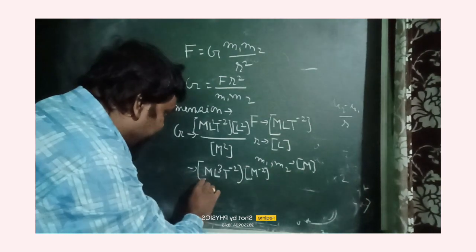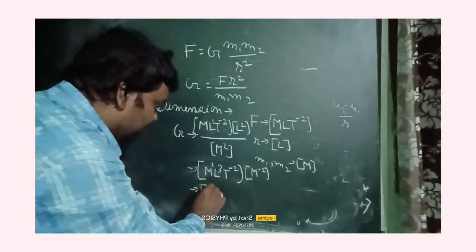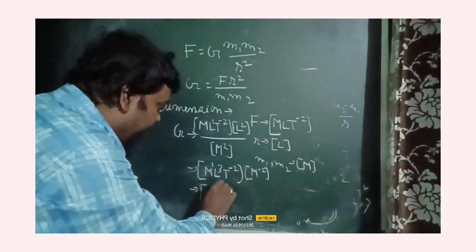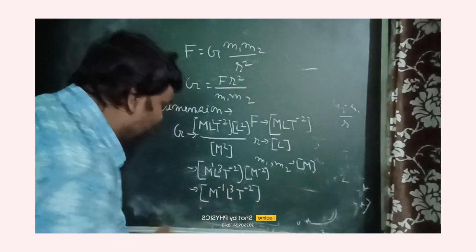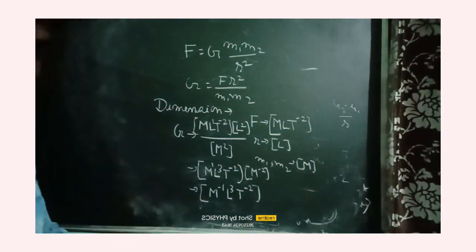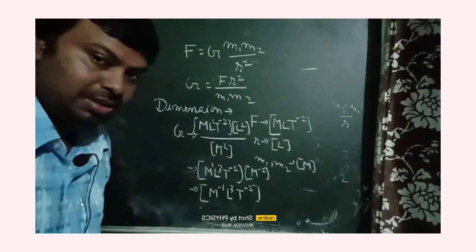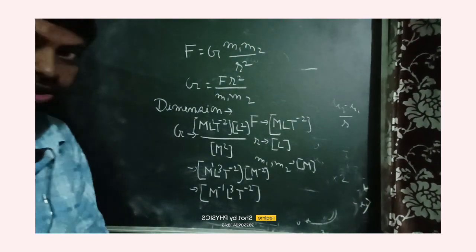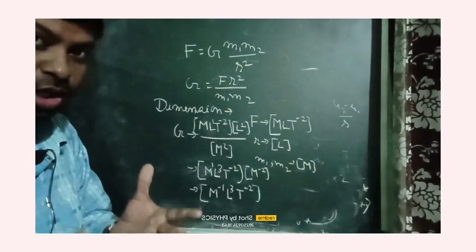Now here M to the power 1 minus 2 is minus 1. So M to the power minus 1 L cube T to the power minus 2 is the dimension of the gravitational constant G.